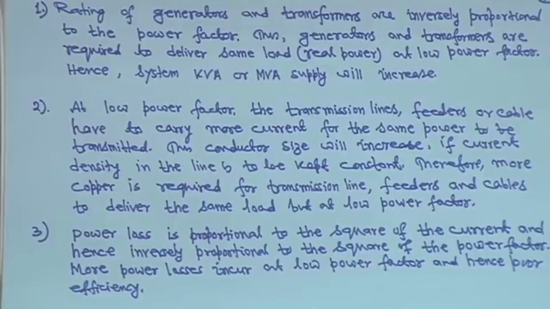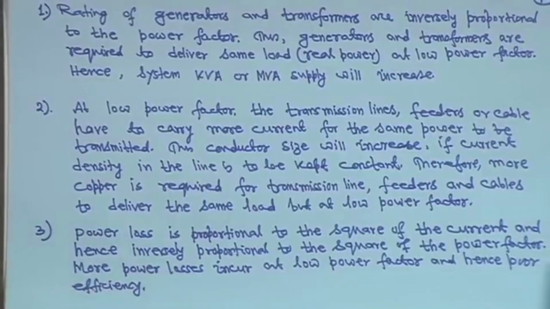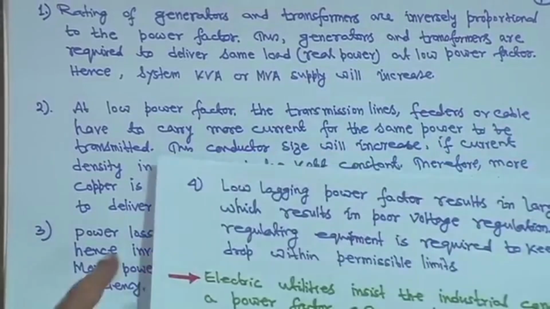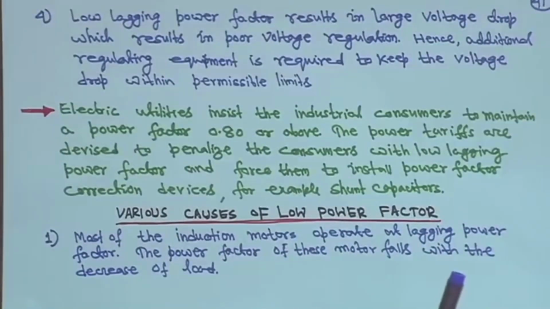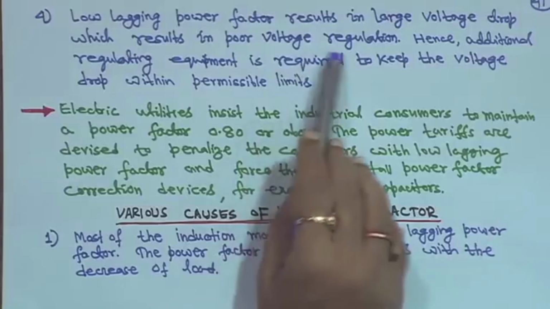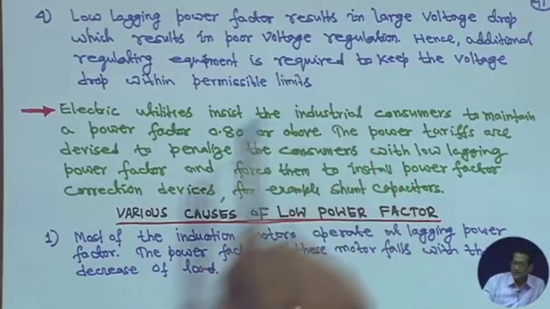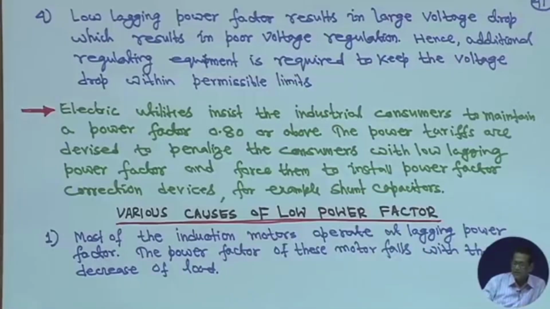Number 4, low lagging power factor results in large voltage drop, which results in poor voltage regulation. Hence, additional regulating equipment is required to keep the voltage drop within permissible limits. So, all these are the disadvantages of poor power factor.